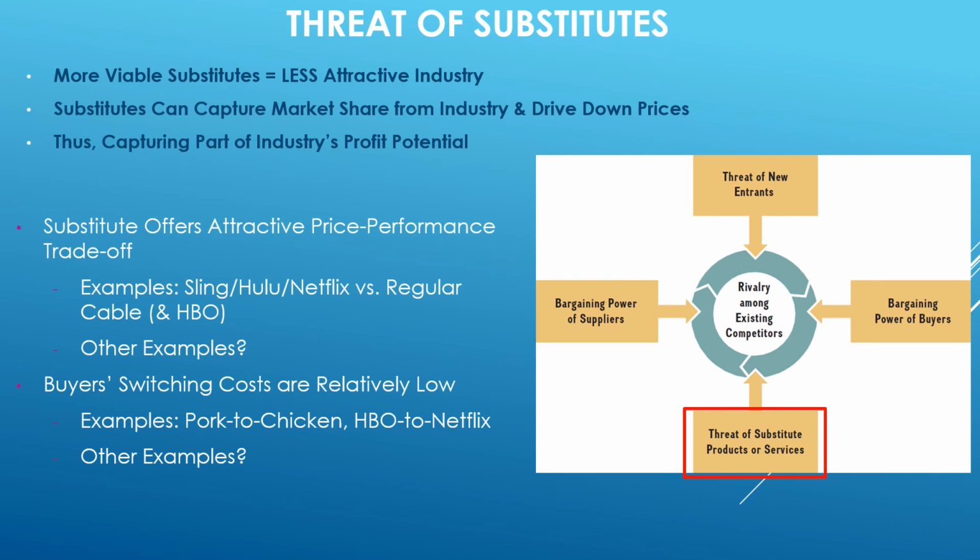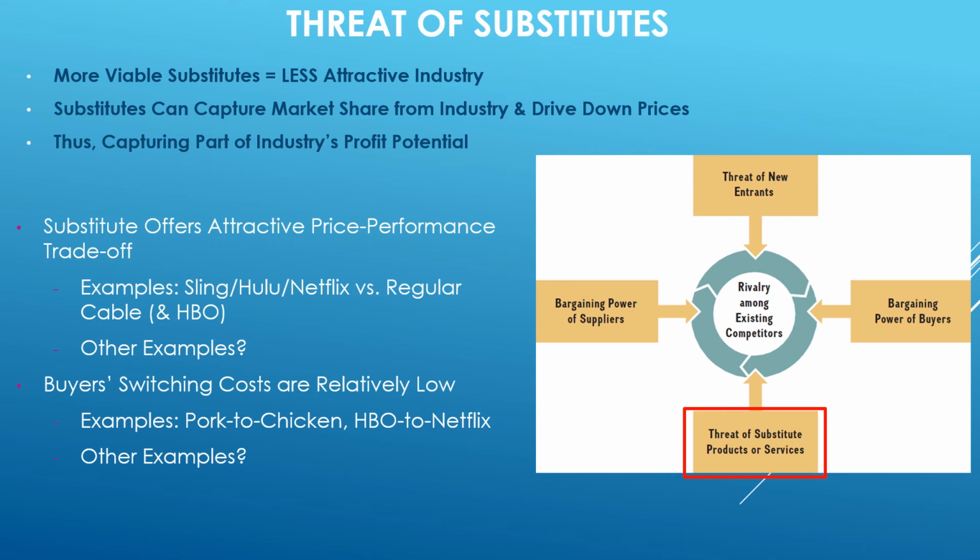So the threat of substitutes. A larger number of viable substitutes in an industry makes it less attractive. Substitutes can capture market share from the industry and drive down prices. And again, they capture part of the industry's profit potential.